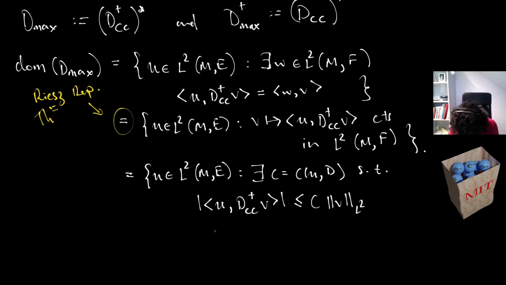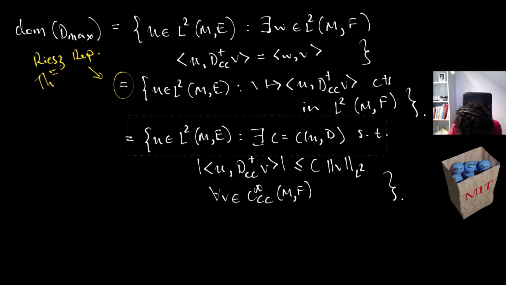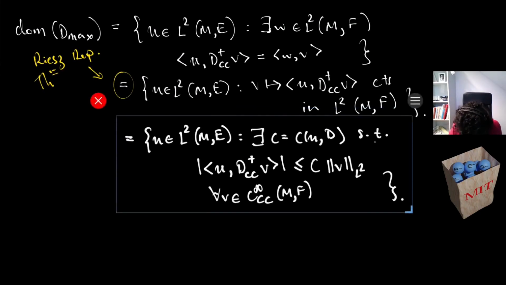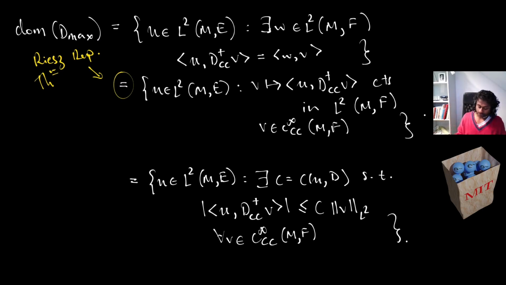And this is for all v in C infinity CC of M, F. Okay, so actually I should really say, so these v's which we're considering are again C infinity CC of M, F. And of course, C infinity CC of M, F is a dense subspace of L2.